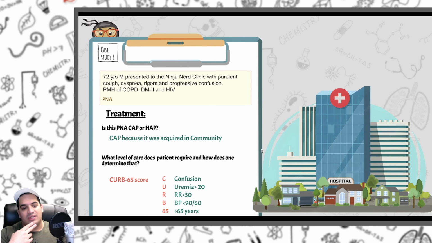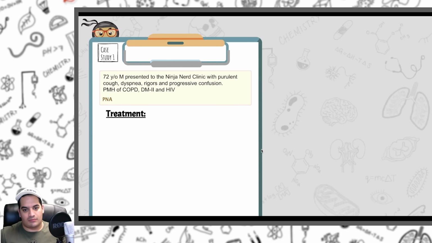And so generally when someone has findings that high, like 3 or more, that's very concerning and they require ICU level care. So this patient needs to go to the ICU. Now, when we send her to the ICU, we're going to start her on antibiotics because obviously the source of this is a bacterial pneumonia.